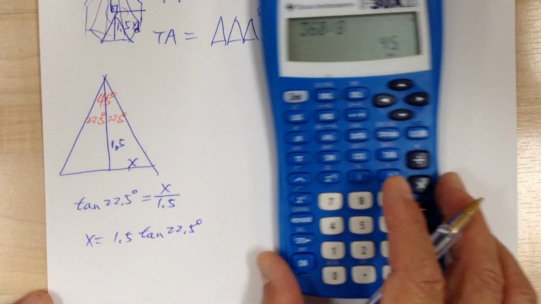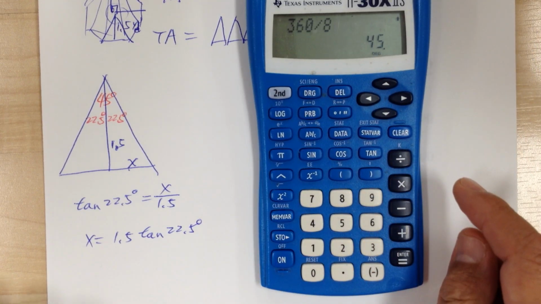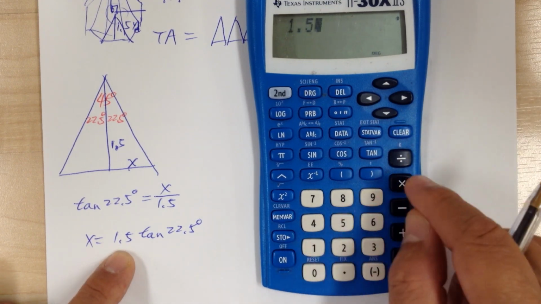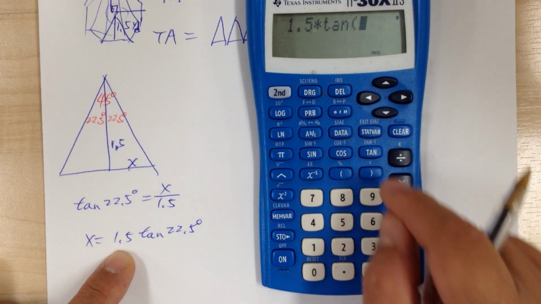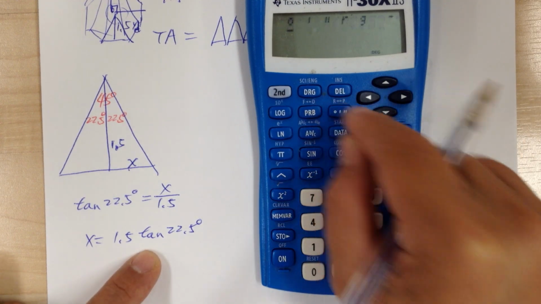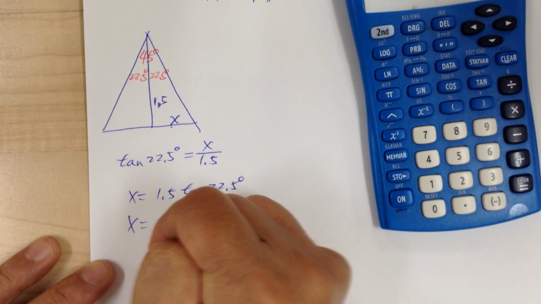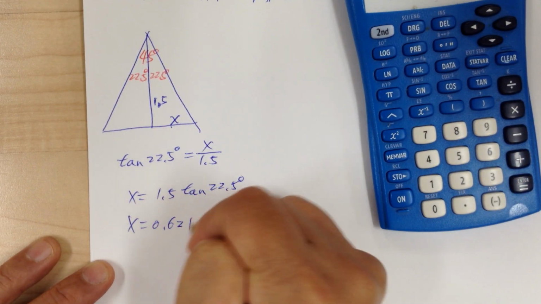Okay. So let's go ahead and work it out. So 1.5 times tangent of 22.5 degrees, so x equal to 0.6213.